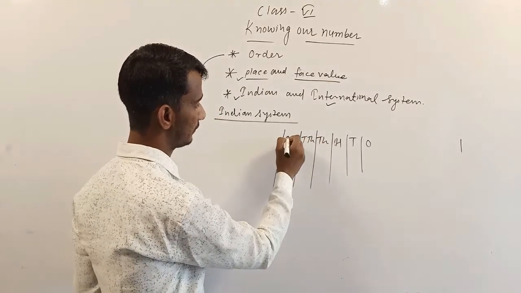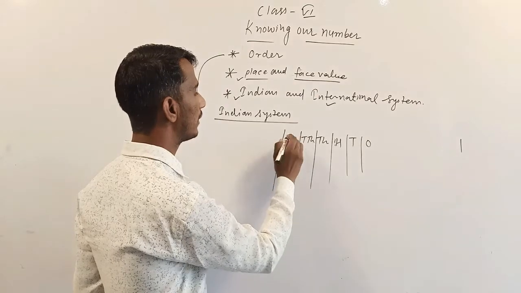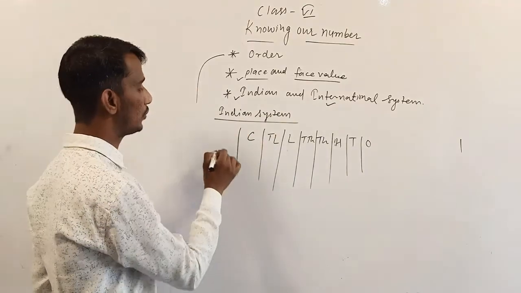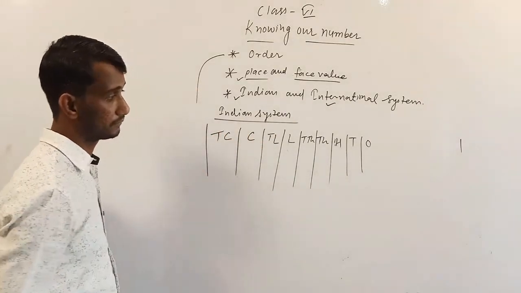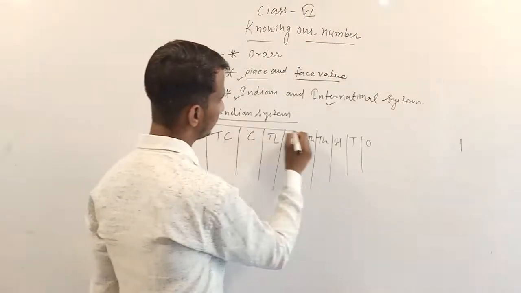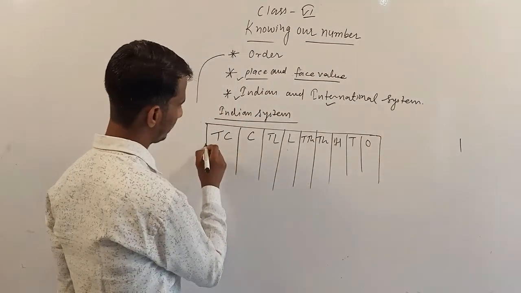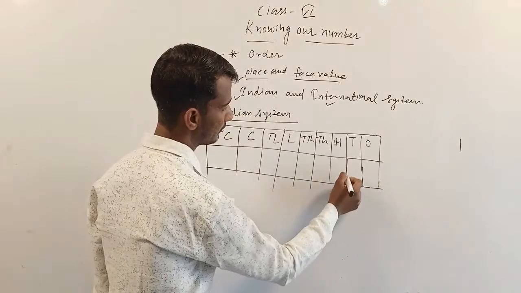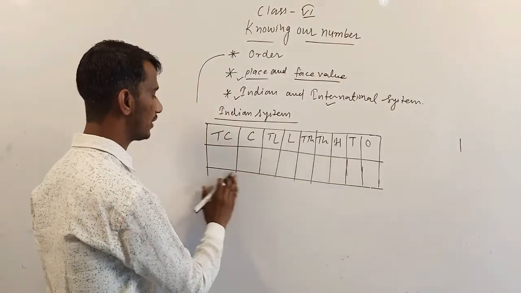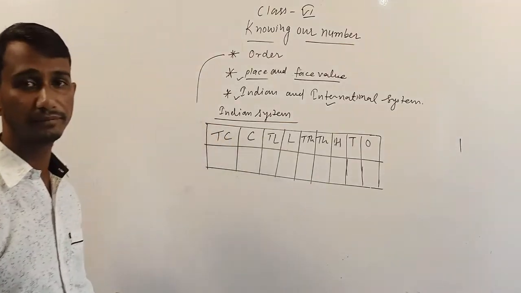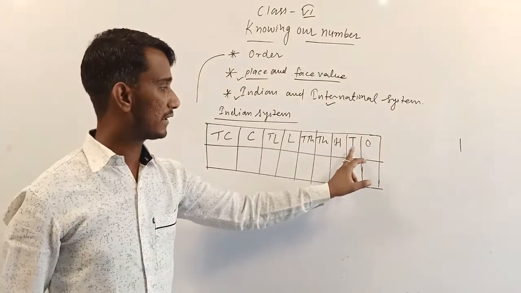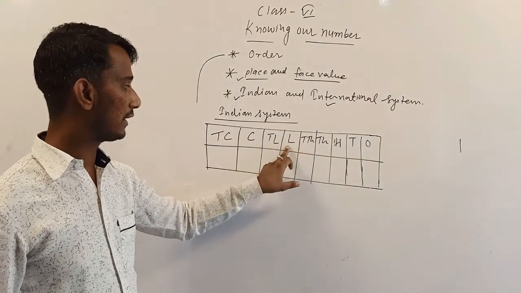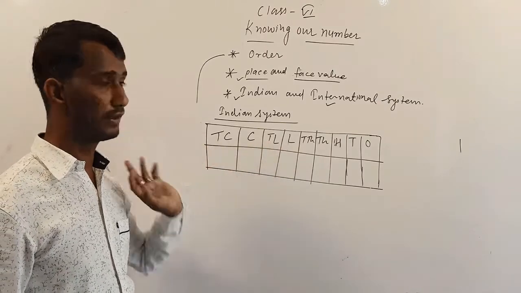10,000, lakh, 10 lakh, crore, 10 crore. This is our place value chart according to the Indian system: ones, tens, hundred, thousand, 10,000, lakh, 10 lakh, crore, 10 crore.